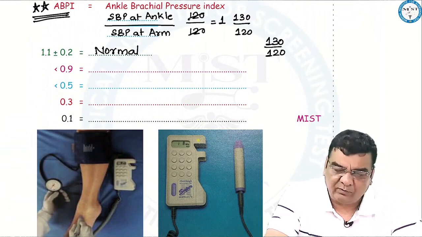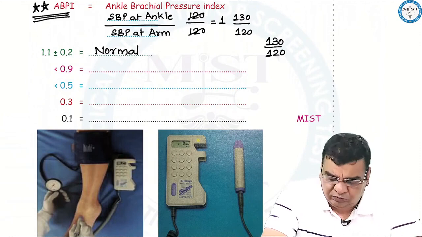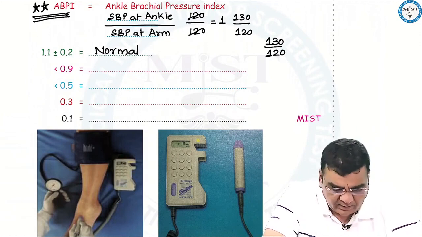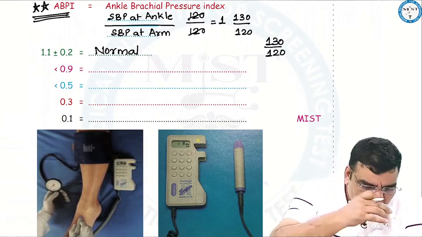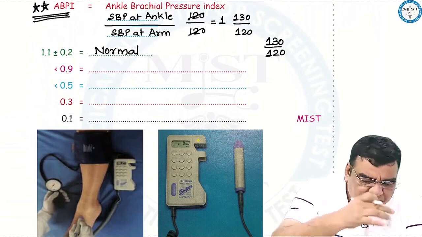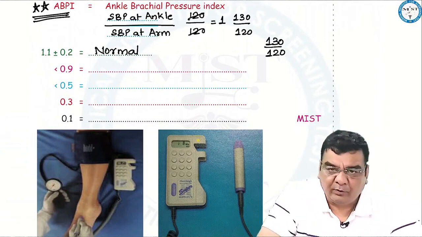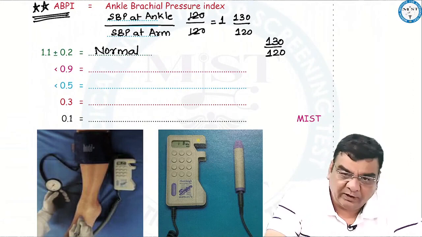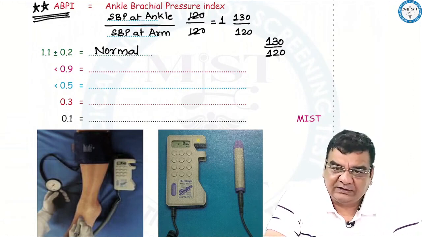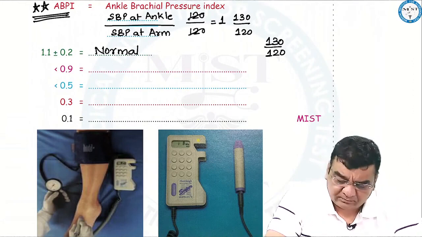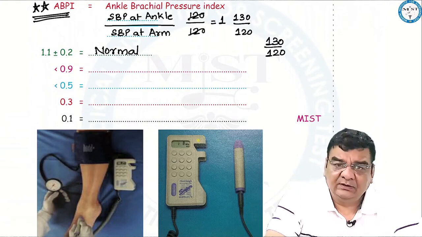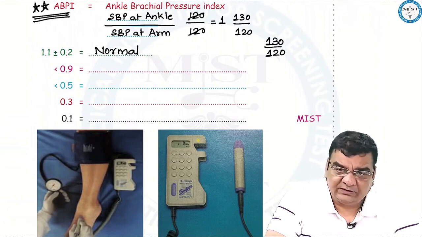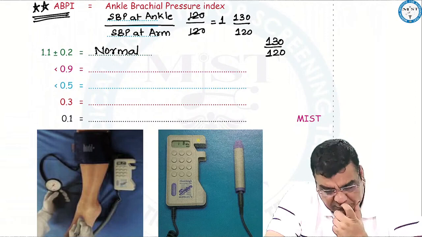So this is slightly more than 1, almost 1.1. Now, if the blood flow to the distal part has gone down, then obviously this ratio is going to decrease, right?